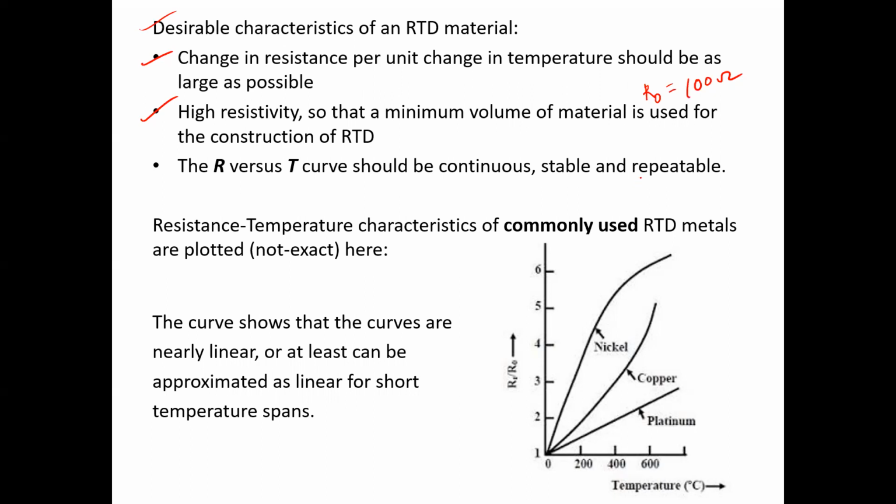And the graph should also be repeatable, which means that suppose for a particular instant, at 0 degrees Celsius, the value of the resistance is 10 ohms. When the temperature rises to 5 degrees Celsius, it becomes 12 ohms. Then at 10 degrees Celsius, it becomes 15 ohms. So this pattern should be repeatable.